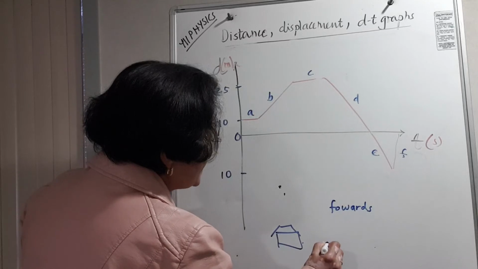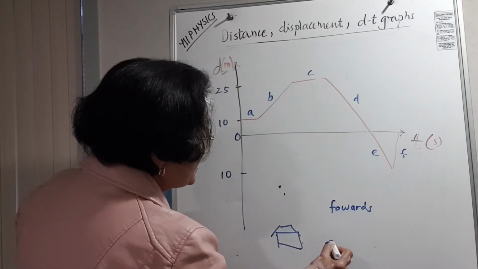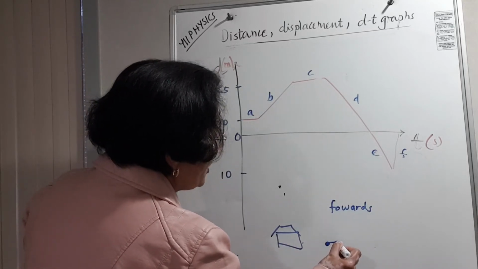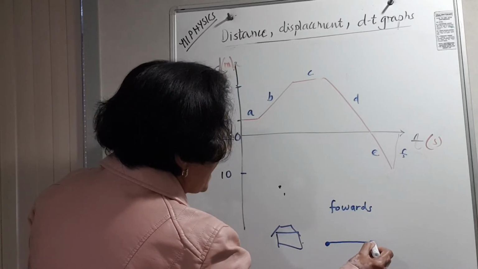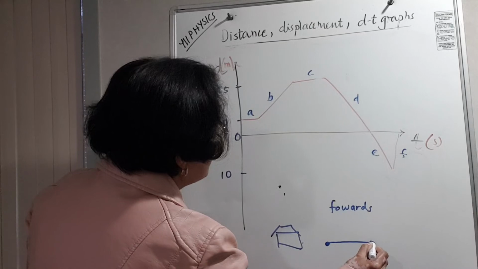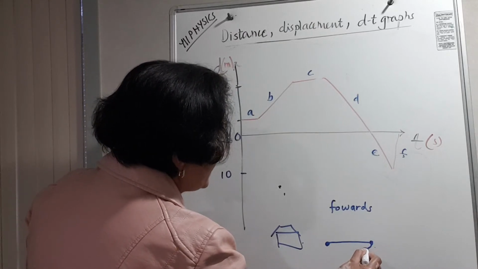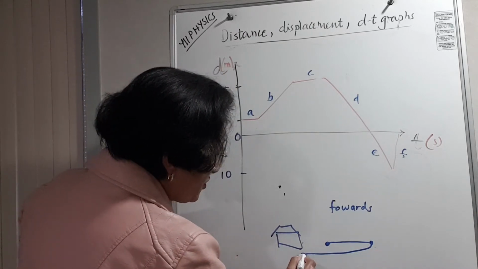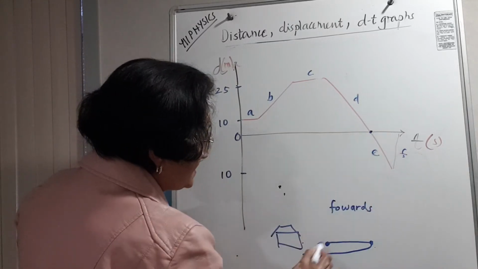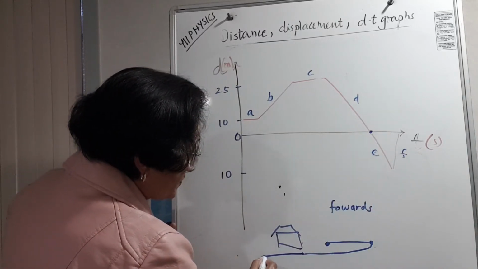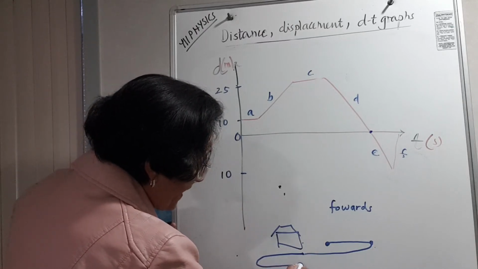So initially you're sitting here, you're 10 meters away from home, you're moving constant speed for some time, and then you stop for a while, and then you turn backwards and you're coming back home. And then this part here is back home, and this part here is you've gone beyond that, and then you come back here.